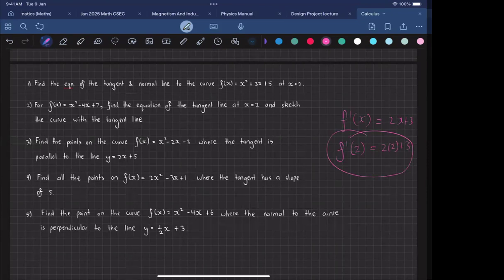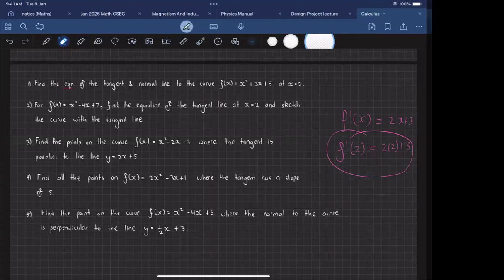Actually, just erase dy dx and put f prime x, and erase the dy dx at x is equal to 2 and just write f prime 2. And remove the x minus 2.